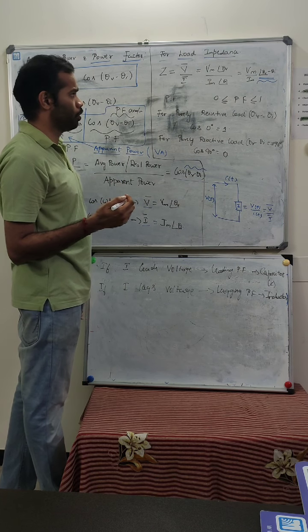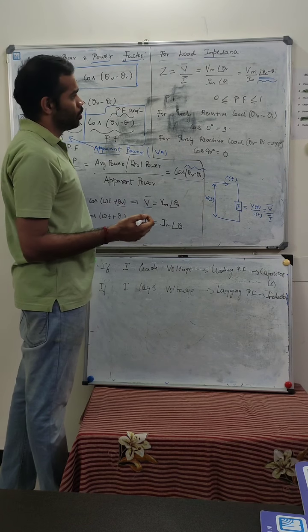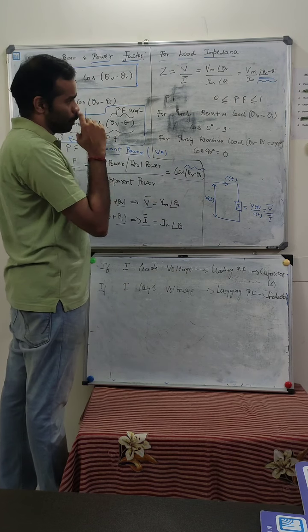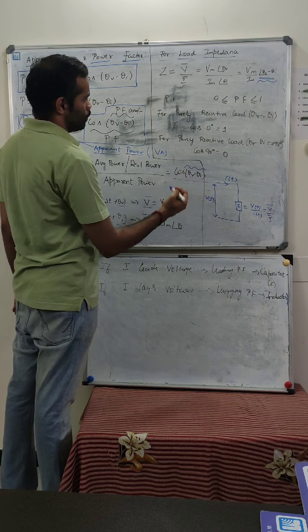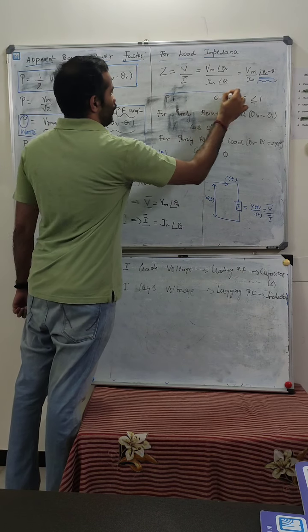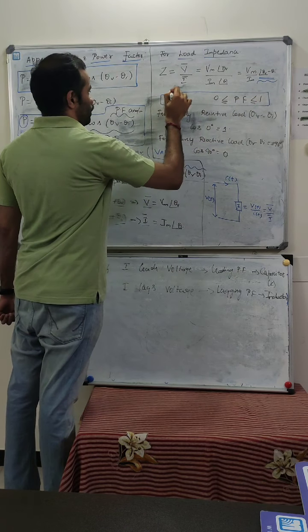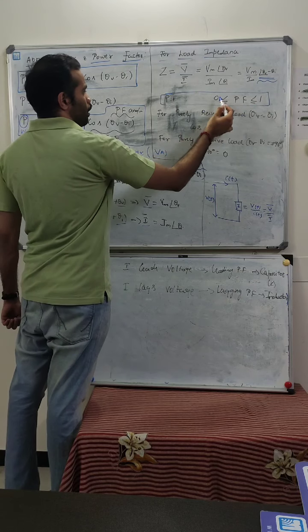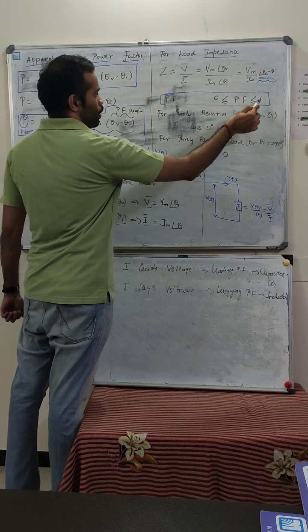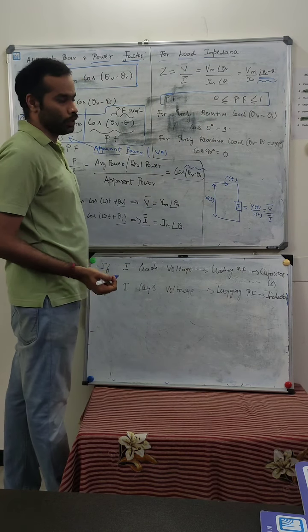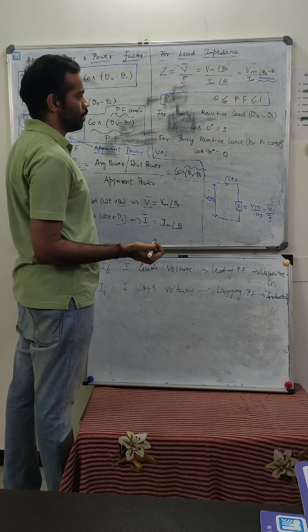We will also be introducing the topic of the impedance triangle. Generally, the power factor goes between the values of 0 and 1. So the power factor can't go less than 0 and it can't exceed 1. That reason we have already studied.